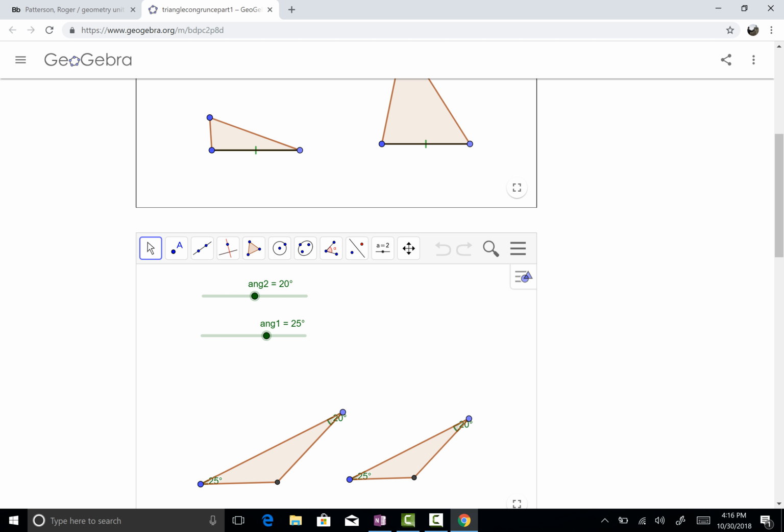In other words, you can change one of them, but the other one is staying, so that they're different shape and a different size. So if you can change one of the triangles and the other one doesn't change along with it, then they're probably not going to be congruent. Okay. Try that out, and we'll see how that works. Hopefully I can get this to work when we come back.